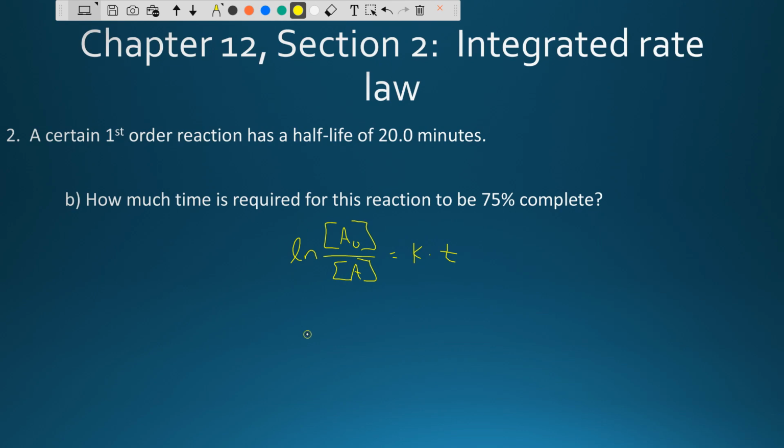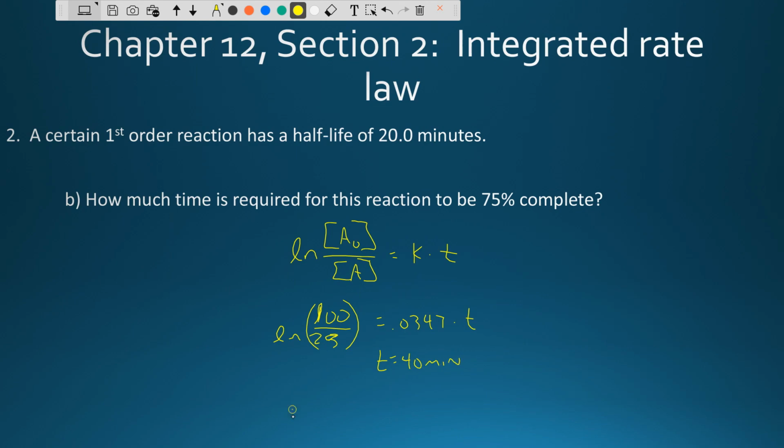So if my initial was, say, 100 over 25, that's going to be equal to my 0.0347. That was the constant that I found. And I'm going to solve for t. My t then ends up being 40 minutes.